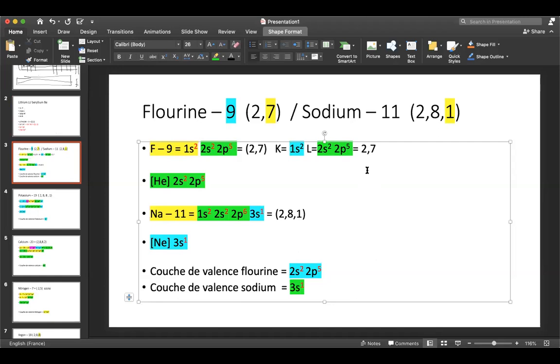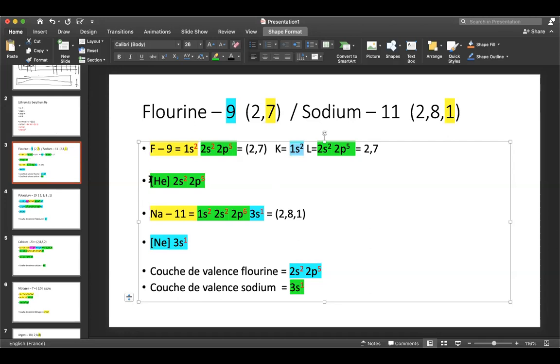So now, what's our couche de valence? Couche de valence will be this here, because this L is the highest energy level that we have for fluorine. It's the last energy level we have for fluorine. And the L is made up of 2 subshells, that is the 2s2 and the 2p5. And therefore, the electron configuration for the noble gas would be this here, like we said in the earlier example, the configuration for helium.